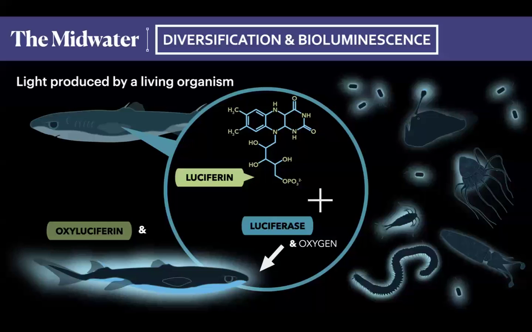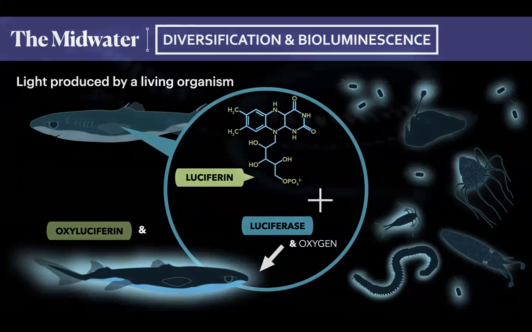It's where you have luciferin and luciferase and oxygen, and those combine to create light. And this light is useful to some of the organisms that live in the deep sea. But how does bioluminescence itself help diversification, help these different organisms speciate?